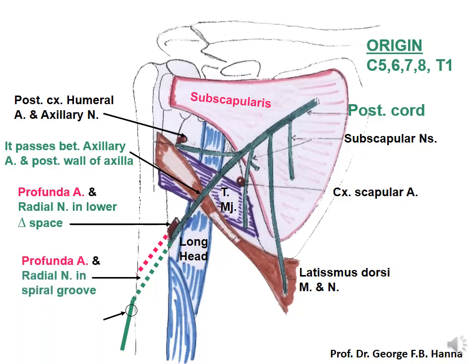Now the radial nerve pierces the lateral intermuscular septum in order to become anterior. I leave you a second to have another look at this slide.